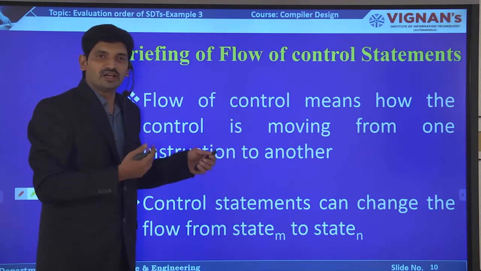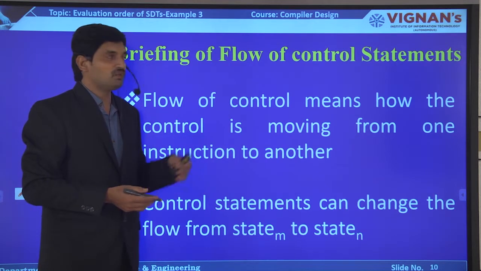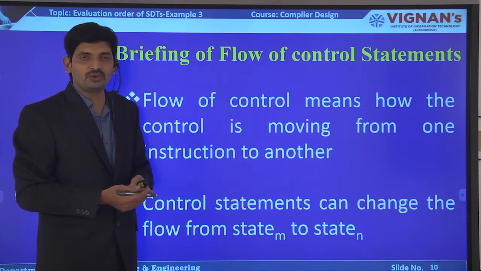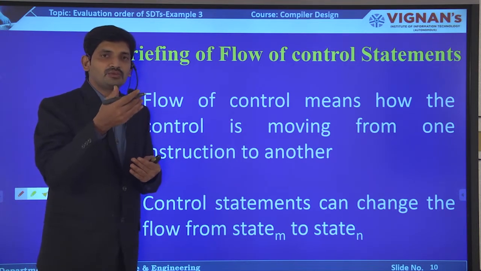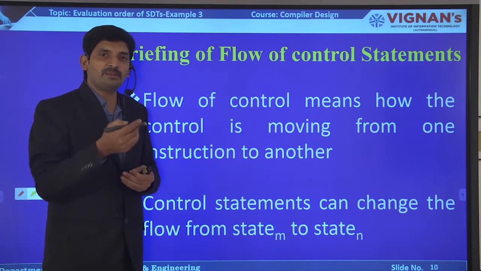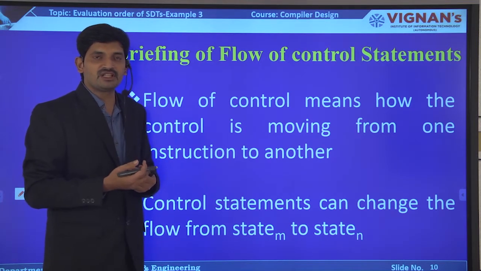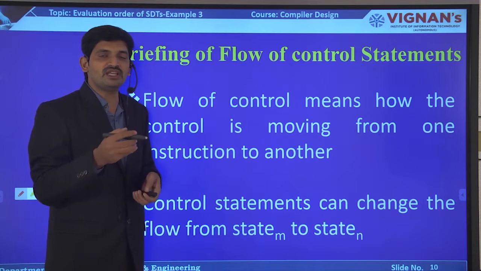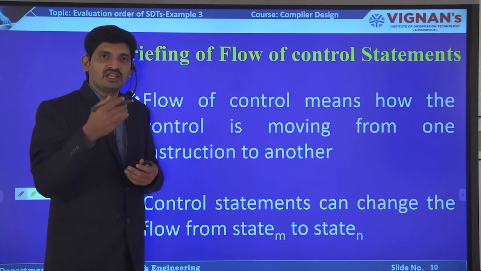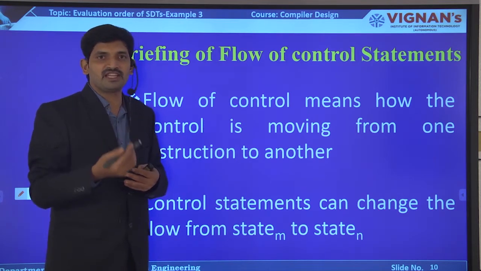Now we are going to deal with the various flow of control statements. Now the question, what is a flow of control? If the program is going to be executed in the sequential manner, depending upon some particular statements, the flow of control is changing from one statement to another statement, that means we are going to skip some expressions.